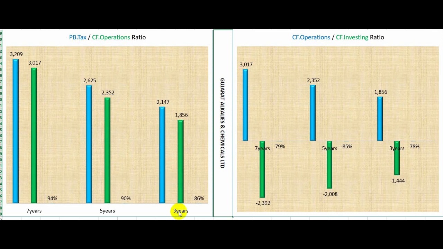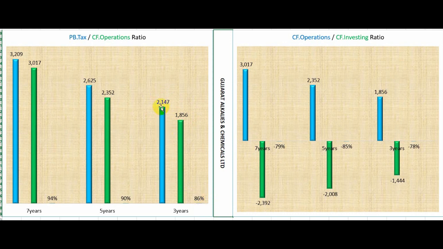In the last 3 years, the total profit that the company declared was around 2147 crores. This is the 3 years total profit before tax value, and the green is indicating the total cash earned in the last 3 years through operating activity. So that is 86% of cash coming in against the profit declared.